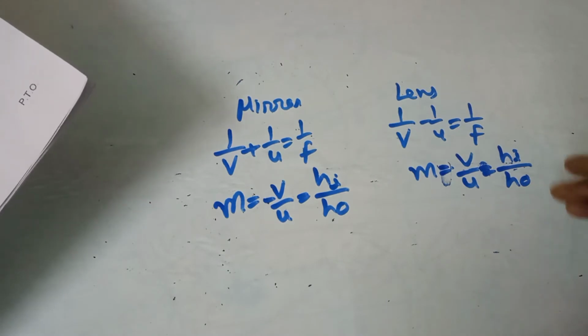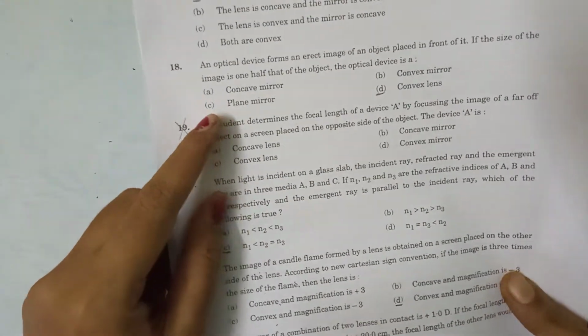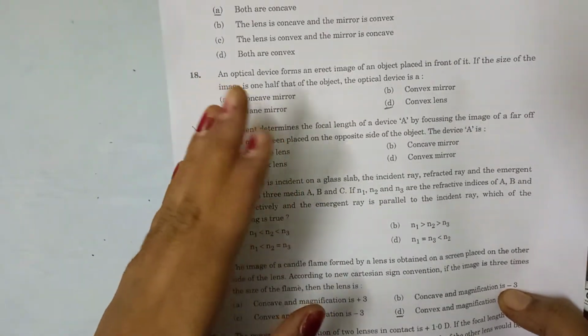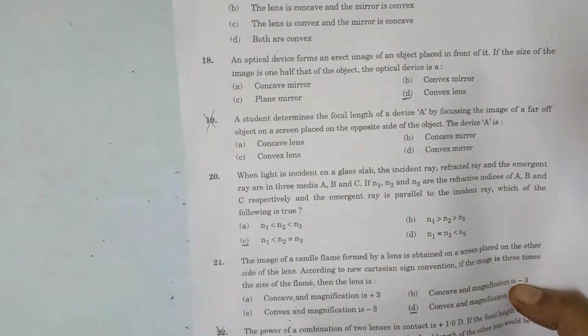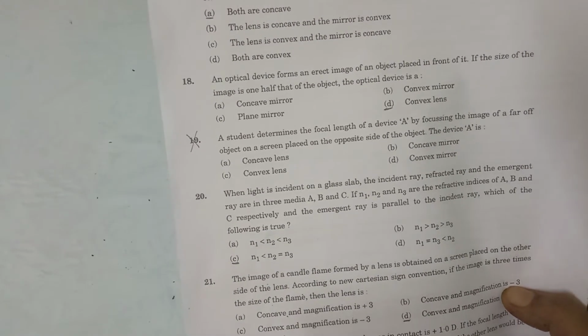The options are plane mirror. Actually for a plane mirror, the size of the image and the distance are the same as the object, so C is definitely a wrong option. Then concave mirror, convex mirror and convex lens. We'll check.